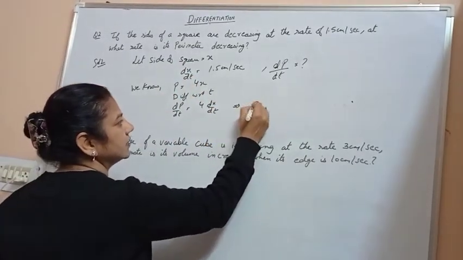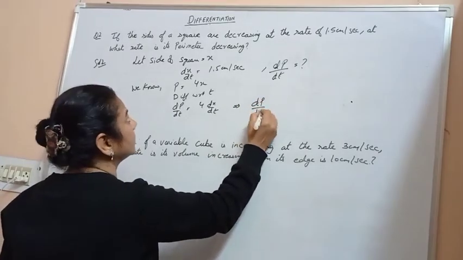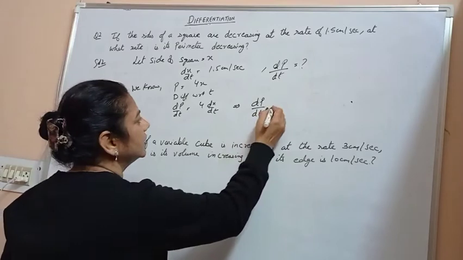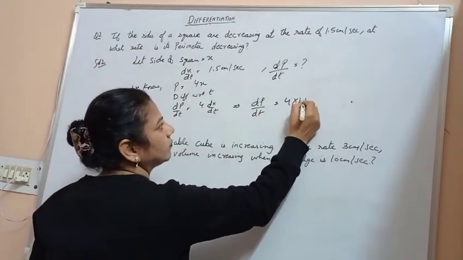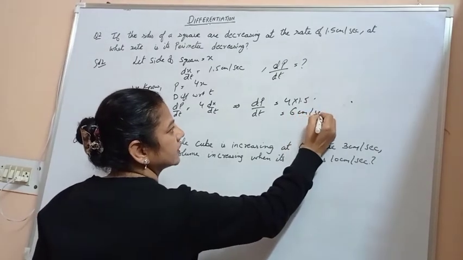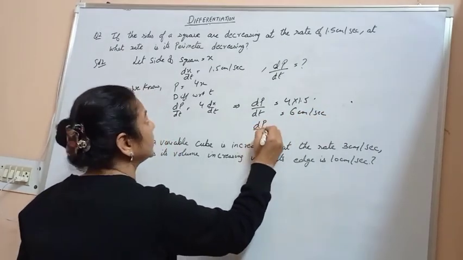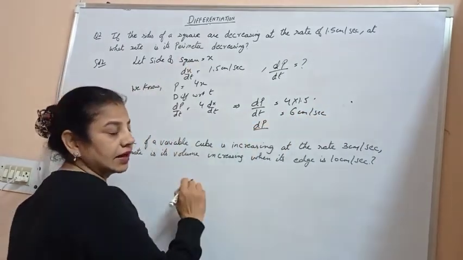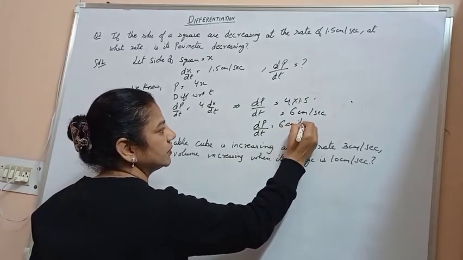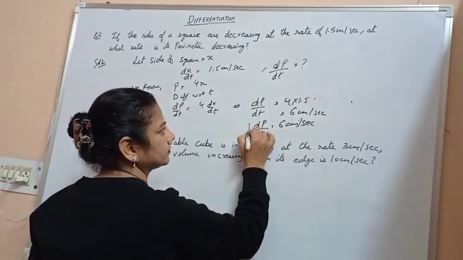This implies that the rate of change in the perimeter as it is decreasing is 4 into 1.5, which is equal to 6 centimeter per second. So the rate of change in the perimeter as it is decreasing, dp by dt, is 6 centimeter per second.